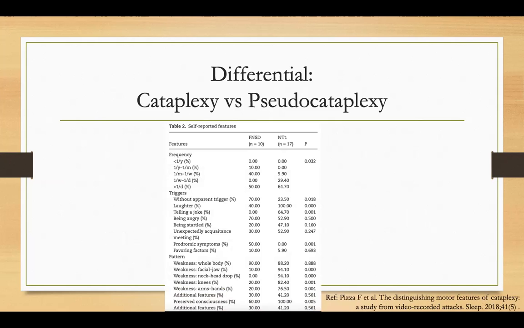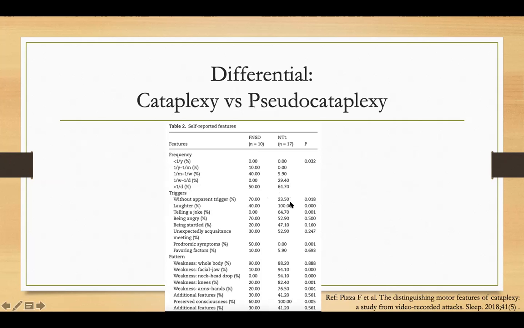As I mentioned before, cataplexy is very specific for narcolepsy, but we should differentiate it from pseudo-cataplexy, which can be seen in conversion disorder or functional neurologic symptom disorder. There was a study comparing those two motor features, and they found that cataplexy happens more frequently than pseudo-cataplexy, and there are certain triggers in most cataplexy.